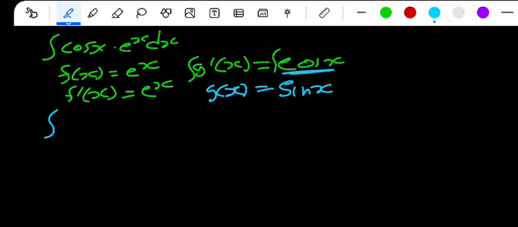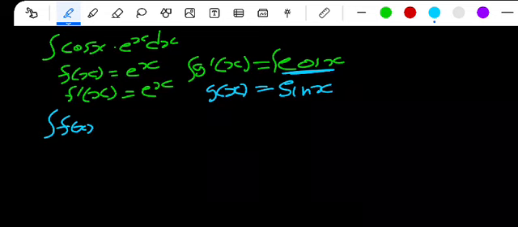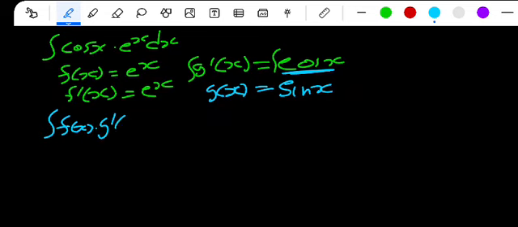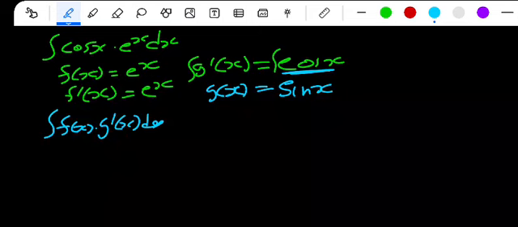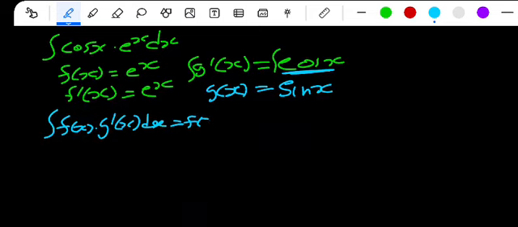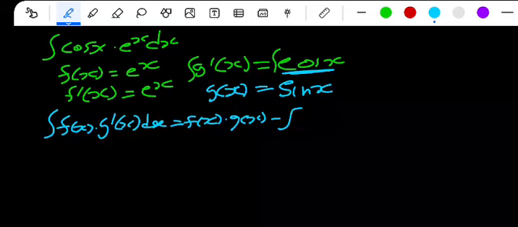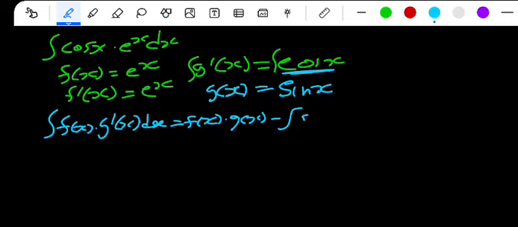We know the integral of f of x multiplied by g prime of x dx must be f of x multiplied by g of x minus the integral of g of x multiplied by f prime of x dx.